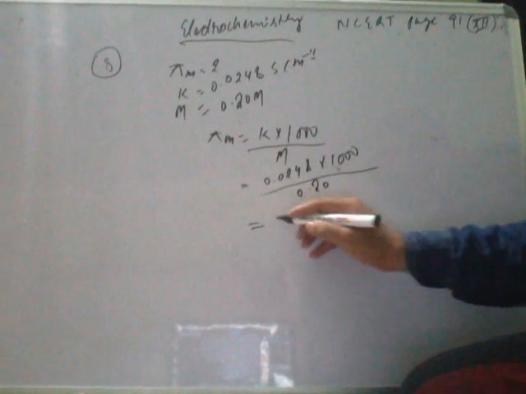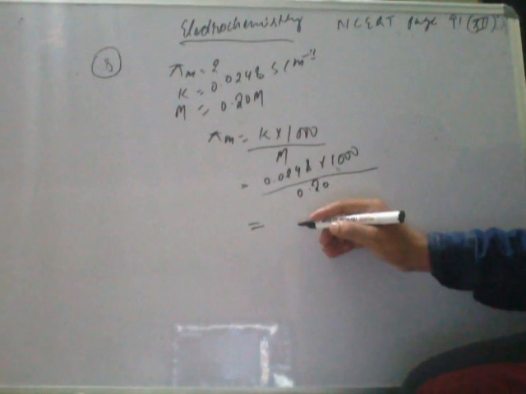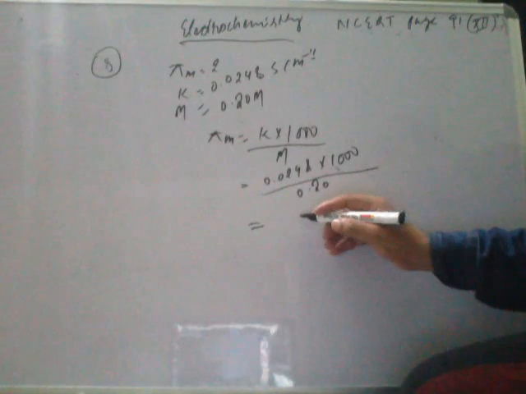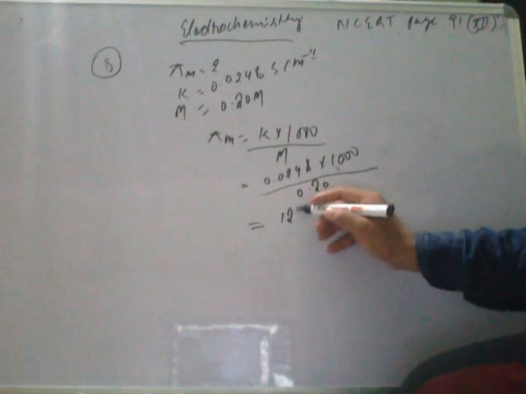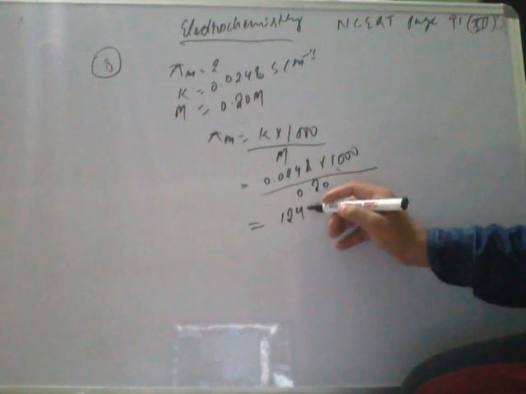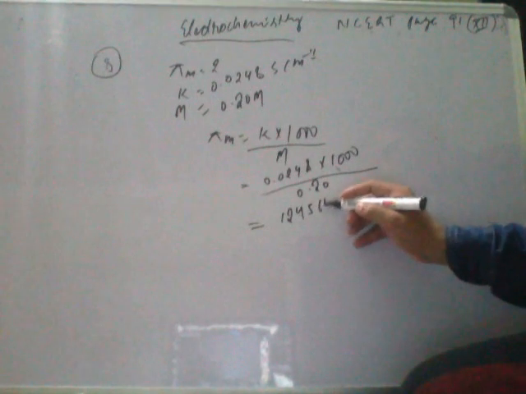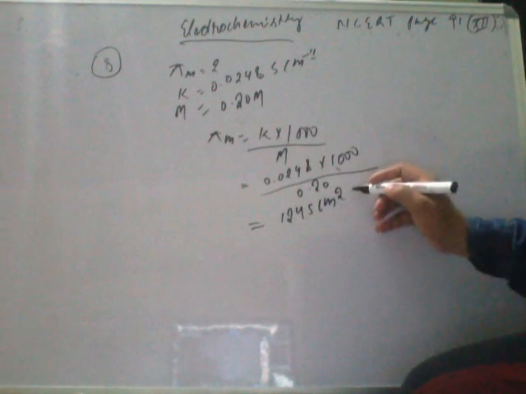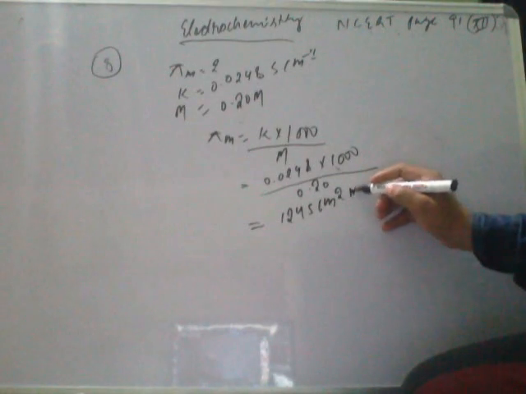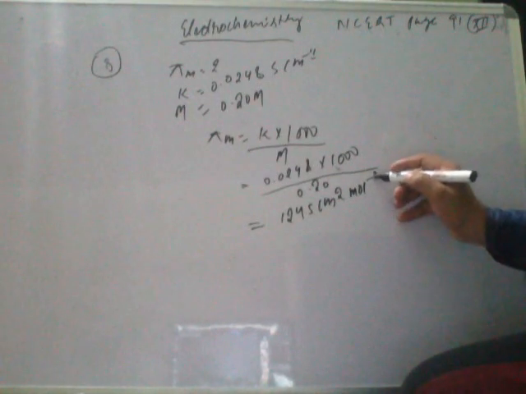If you calculate this, you get the value 124 Siemens centimeter square per mole.